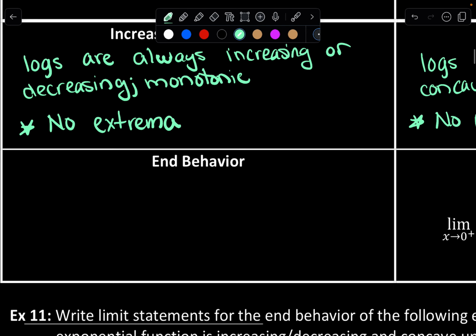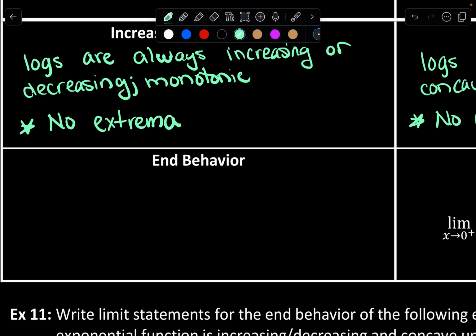All right, so now in behavior, this is going to be similar to exponentials. So let's say that we have this function here, a log function where a is greater than 0 and b is greater than 1. Let's make this specific to logs.